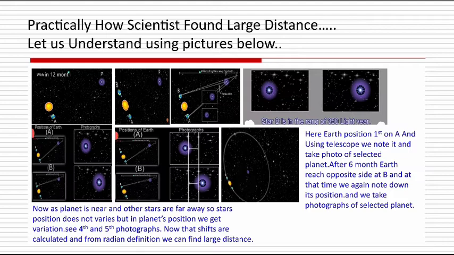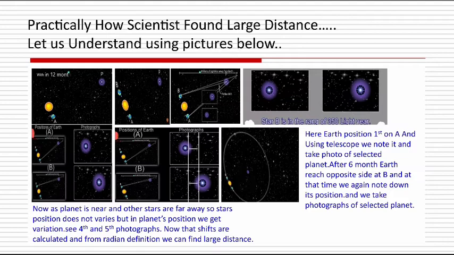By taking the measurement of the shift and using the definition of the angle, we can measure the distance between the Earth and the planet. Here the Earth is first at position A, and using a telescope we note it and take a photo of the selected planet. After 6 months, the Earth reaches the opposite side at B, and again we note its position and take photographs of the selected planet.